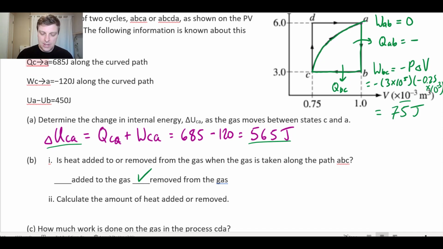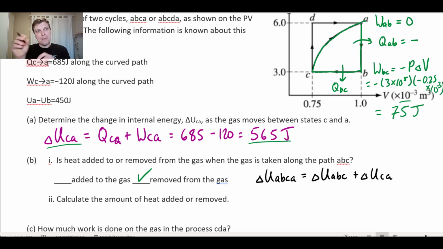Well, let's think about this for a second. If I look at the total change in internal energy from A to B to C back to A, that would have to be the same as the change in internal energy from A to B to C plus the change in internal energy from C to A. I'm just splitting my overall process into smaller chunks.